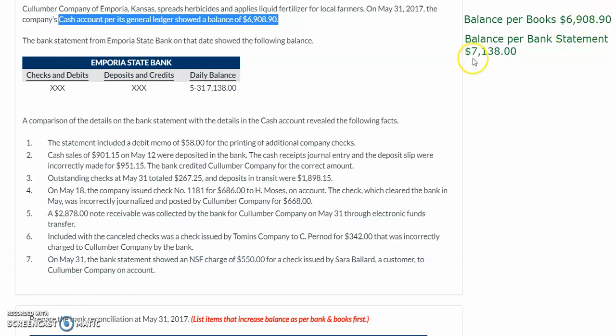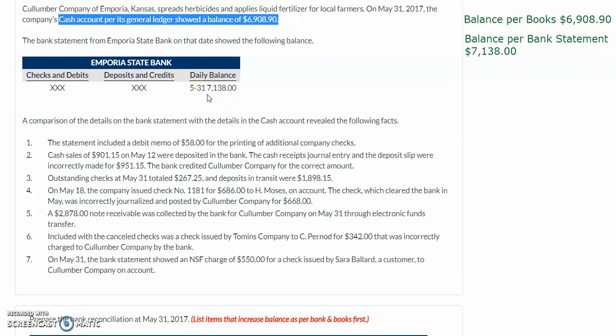This balance per bank statement is prepared from the bank's perspective. So typically the bank statement will have the beginning balances. It'll have all of the money that is deposited into the bank, and then it's going to subtract out the money that is taken out of the bank, and it'll end up with the ending balance as of the last day of the month.